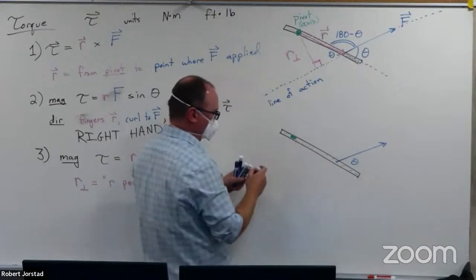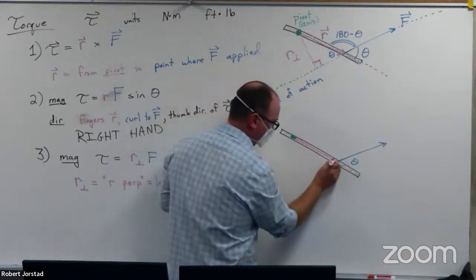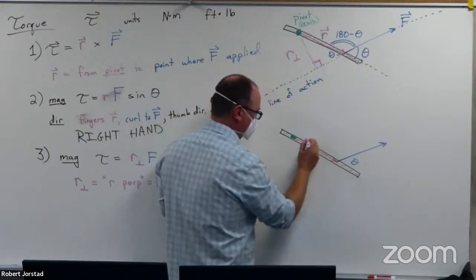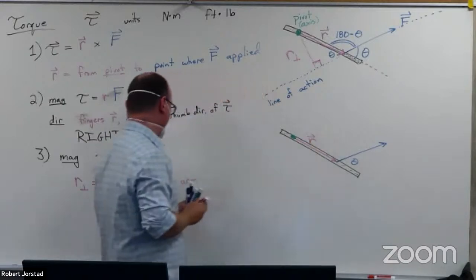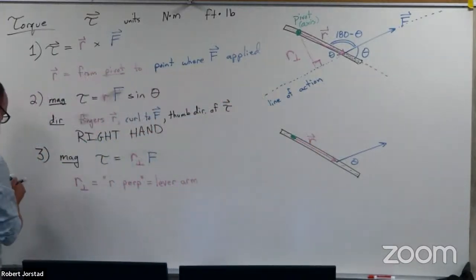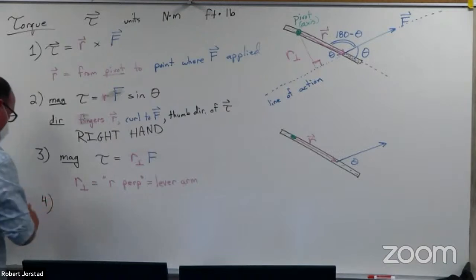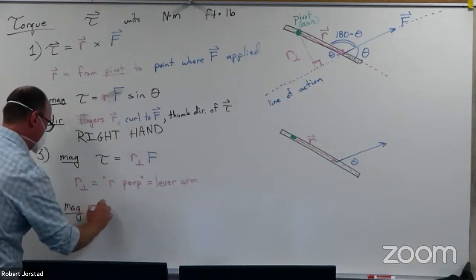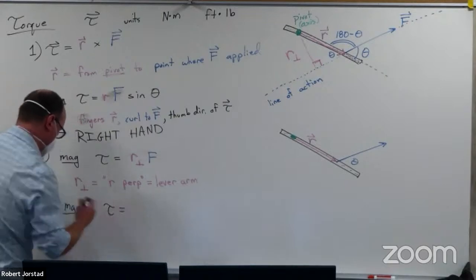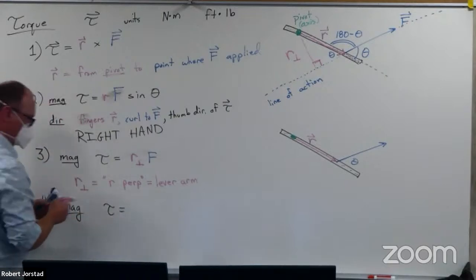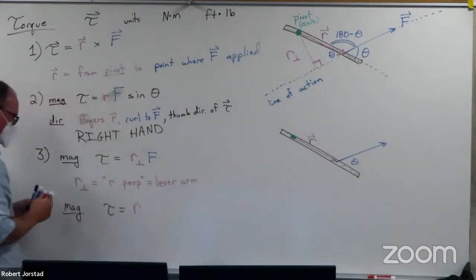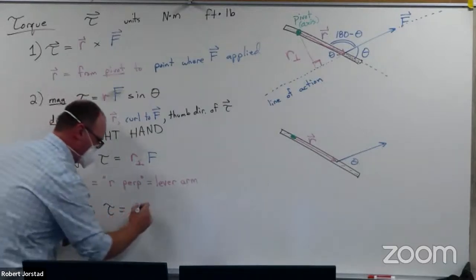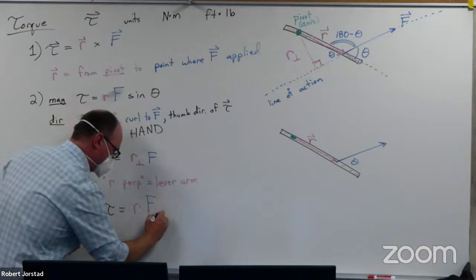Now you got these drawn in your figures there. I'm going to show you method 4. Use the full radius, but you use F perp, the perpendicular amount of force.